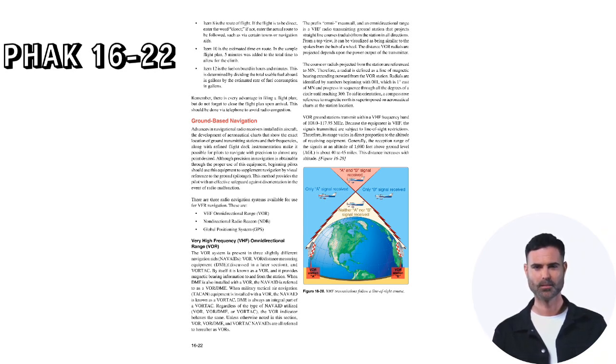Because the equipment is VHF, the signals transmitted are subject to line-of-sight restrictions. Therefore, its range varies in direct proportion to the altitude of receiving equipment. Generally, the reception range of the signals at an altitude of 1,000 feet above ground level, AGL, is about 40 to 45 miles. This distance increases with altitude.